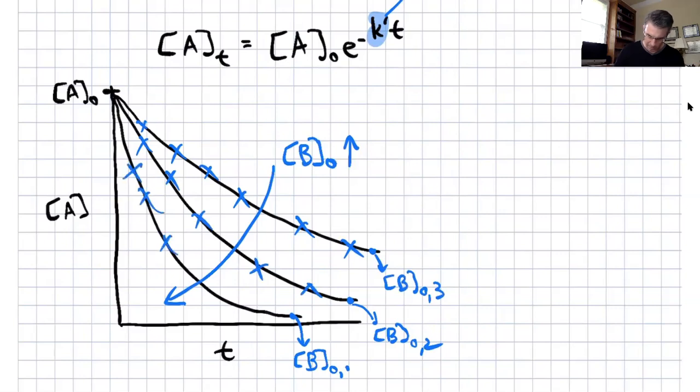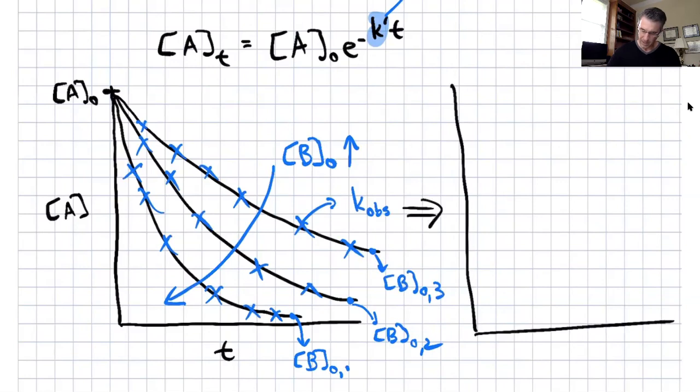That's cool, because now if one went in and fit those and extracted from them K observed values, right? So observed rate constants for each of those conditions. You could then take each of those K observed values and plot them.